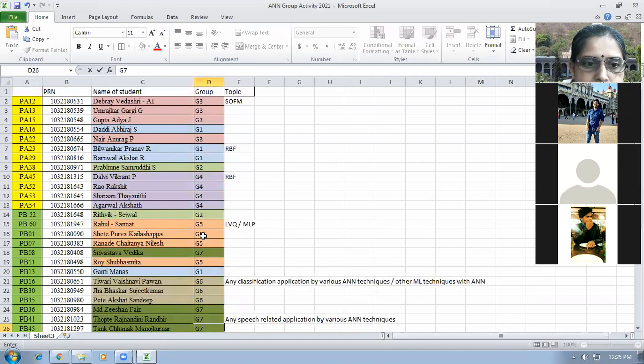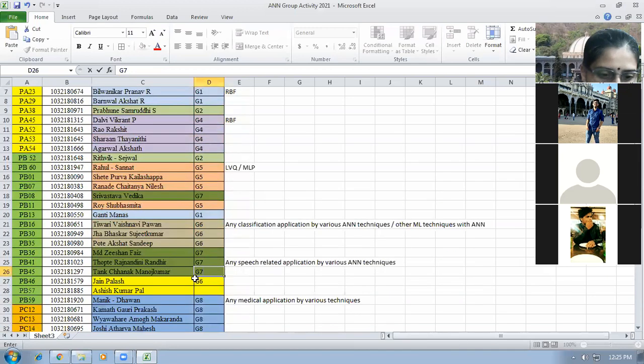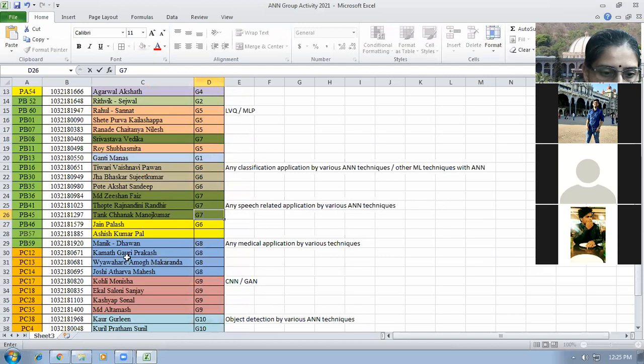There is some small modification because a few of the students formed their group earlier. There is only the question of Jain Palash and Ashish Kumar Pal. So I can add both of them to group number 6 and I will reshare.